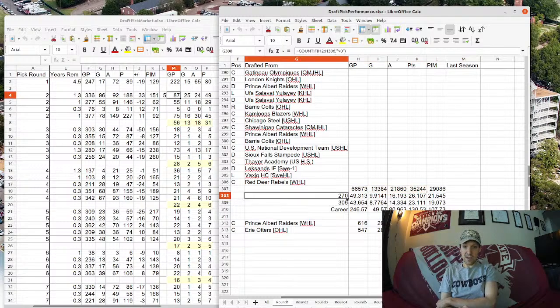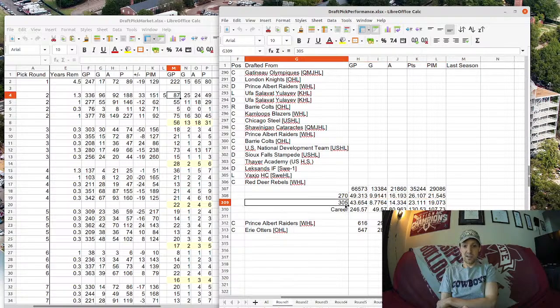Then we took a look at the number of players that played one or more games, and then we divided it by 5 to get the approximate per year performance of those draft picks.